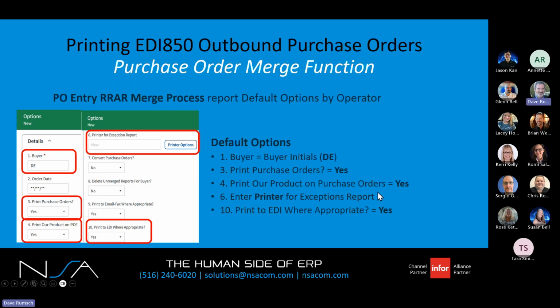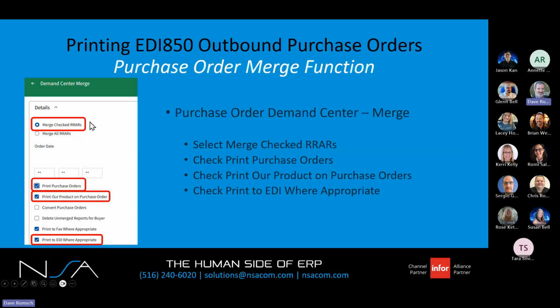In the printer options for the exception report, you'll specify where you want to get the report that tells you the purchase order numbers generated, or if they failed to print at all. And then lastly, you're going to want to set print to EDI where appropriate to yes. That is how they'll default properly here for that specific buyer.